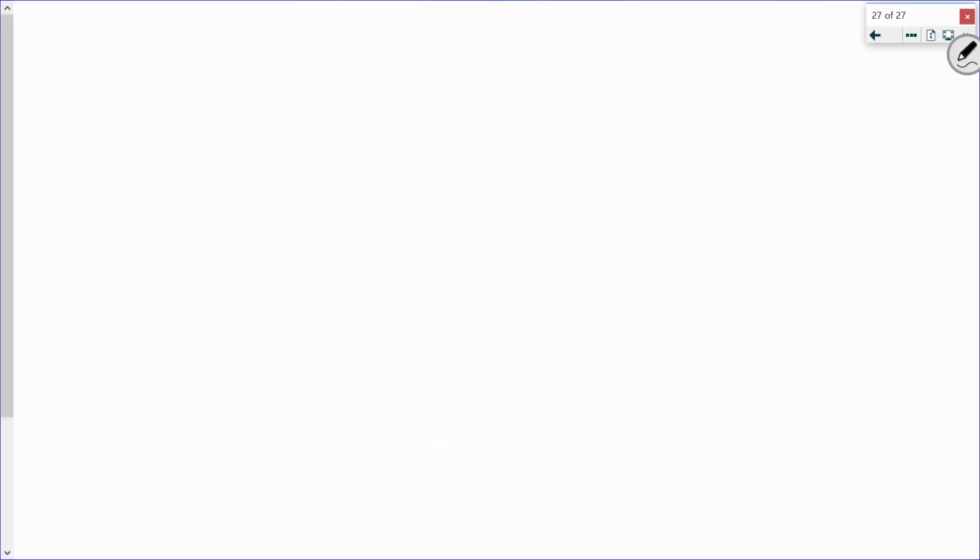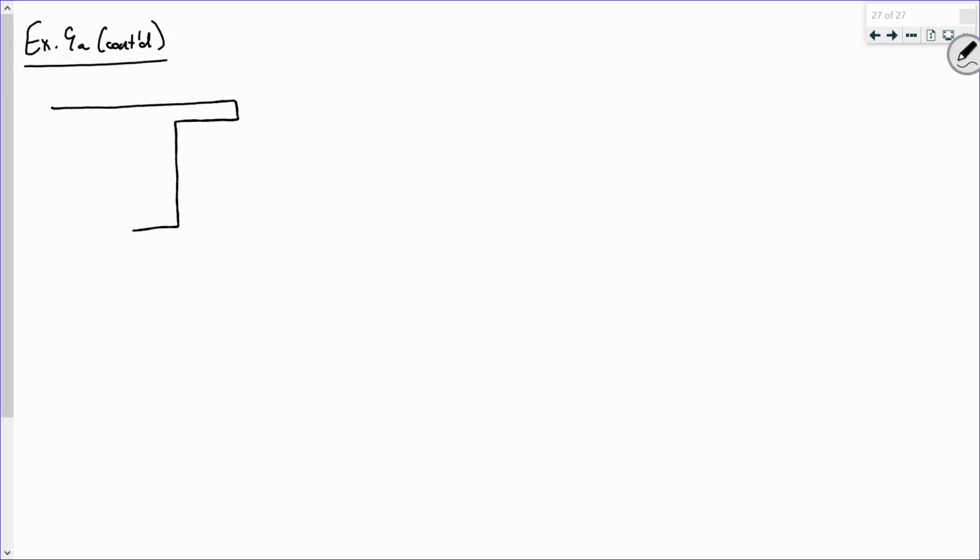All right, so let's just keep this simple. So here's the beam that we're analyzing.